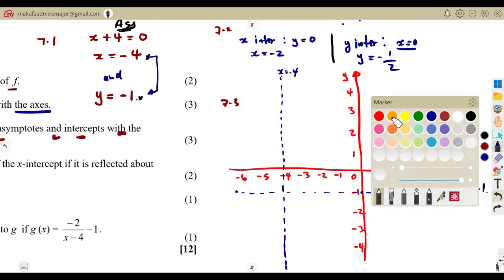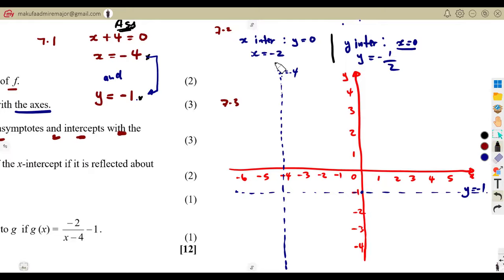So with this limit, we are given the x-intercept at minus 2. All right, and the y-intercept at minus half. So minus half, let's just say it's somewhere there. That's where we have our minus half in between 0 and minus 1. So our graph or our function was going to be limited in this region, all right, to the minus half of the y-intercept.